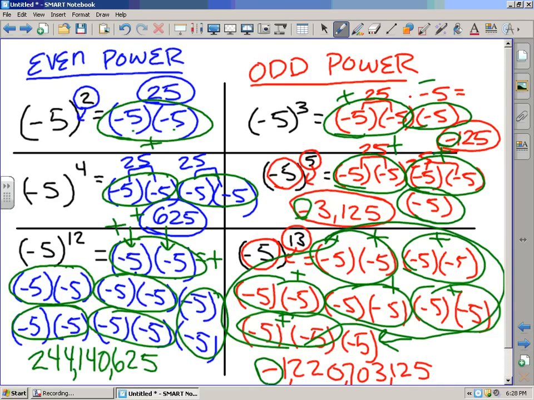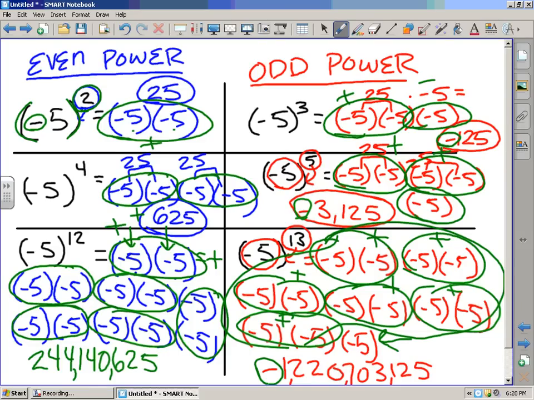So what I want you to get from this table is that when you have parentheses like this, and you have an even power, and we're thinking about negative numbers as the base, the result will always be positive. So even powers, the result is positive.